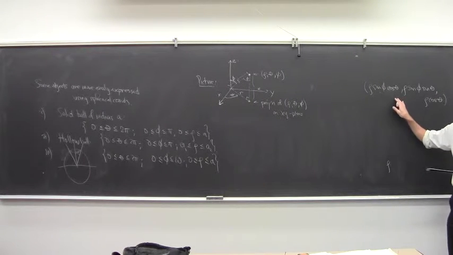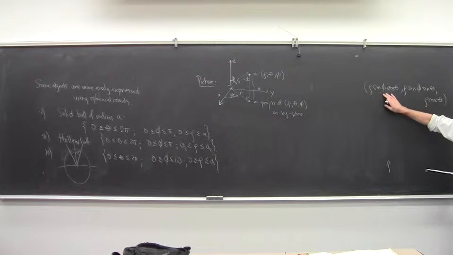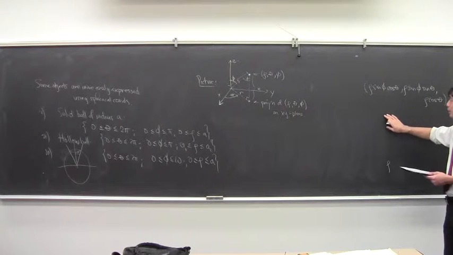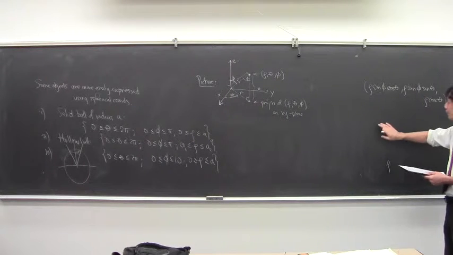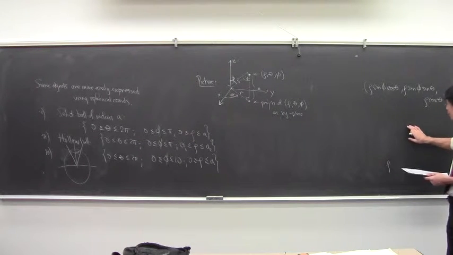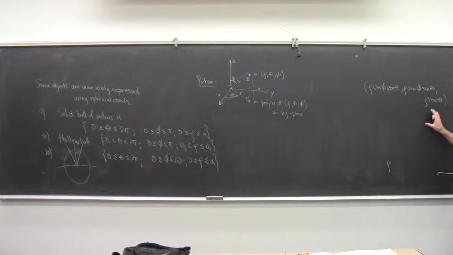This is your map. And then you'd have the derivatives of this with respect to rho, phi, theta, and you have this matrix, and you take the determinant of the matrix.